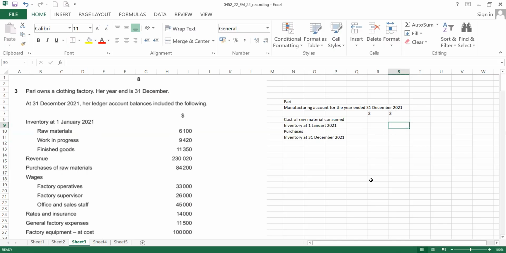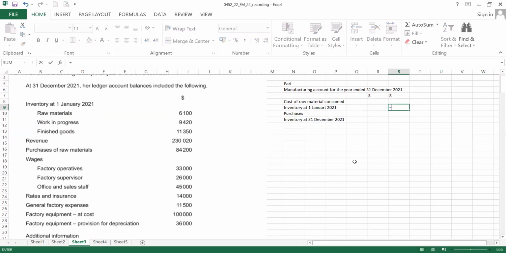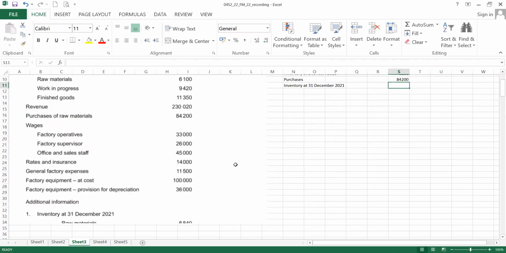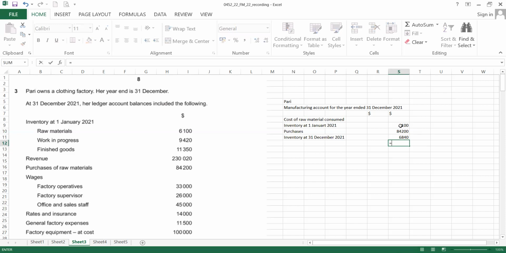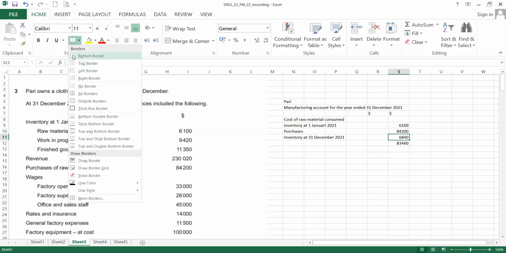So the cost is 6100, and then purchase of raw material 84200, and closing inventory of raw material 6840. So plus and minus. So this is the raw material consumed.